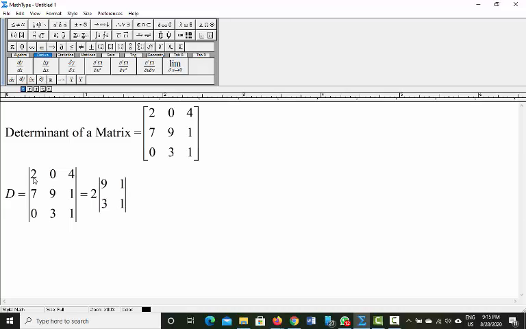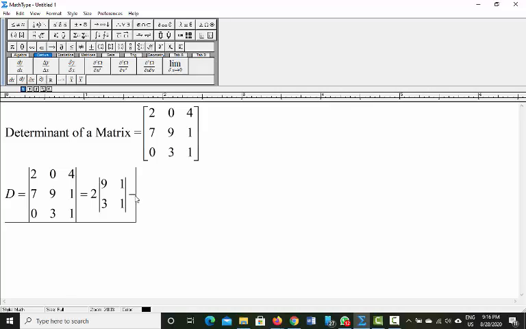I'm repeating again, since we have taken the first element of the first row, we will ignore this row and also this column. So we will be left with 9 1 3 1, minus.